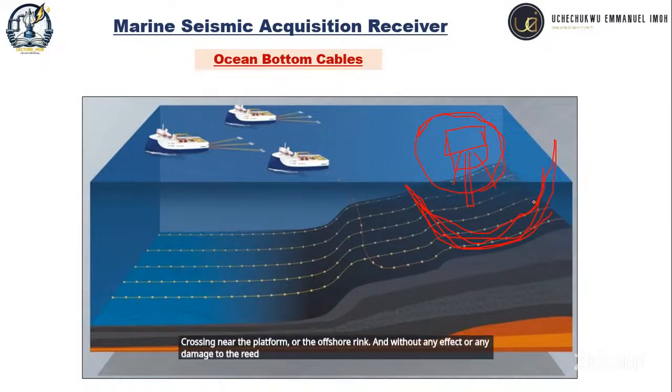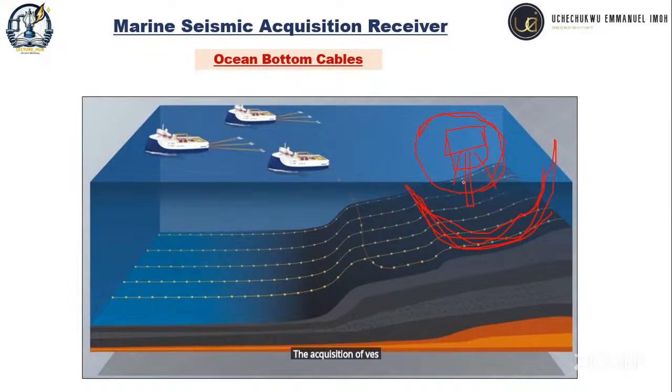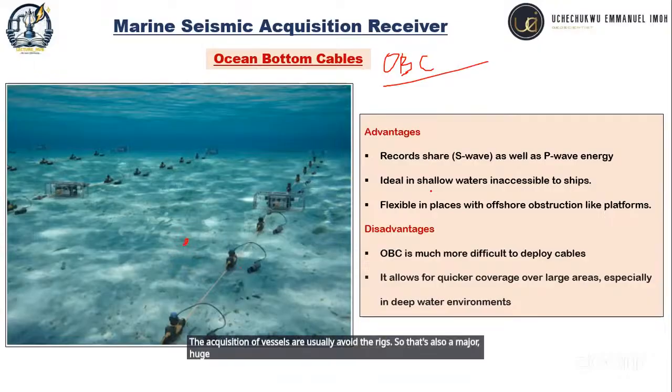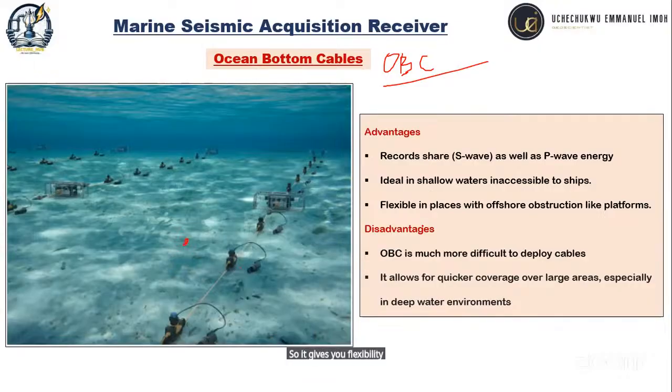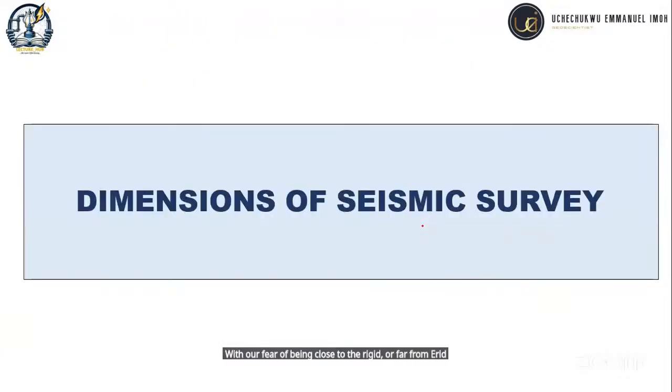The acquisition vessels usually avoid the rigs. So that's also a major advantage of using OBN and OBC. It gives you flexibility of acquiring everywhere on the seafloor without fear of being close to a rig or far from a rig and all that.